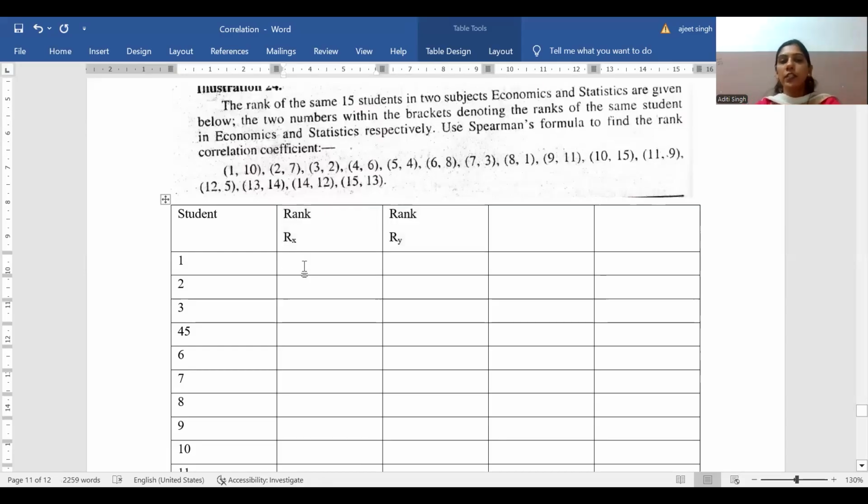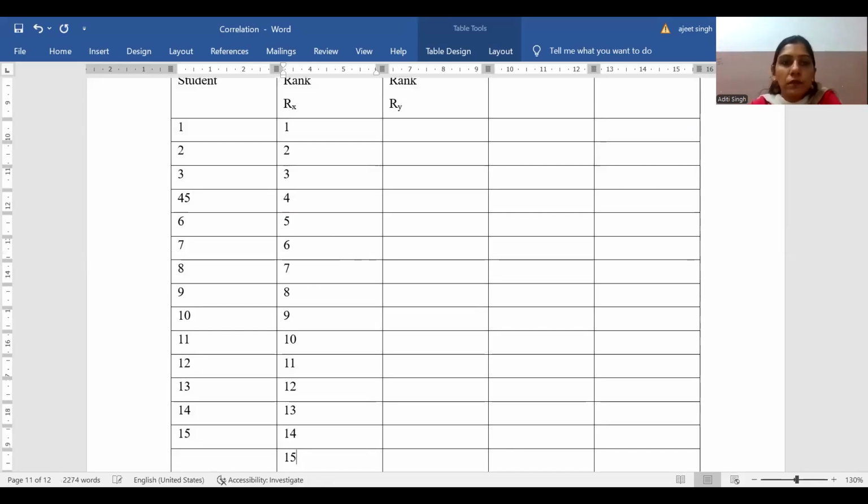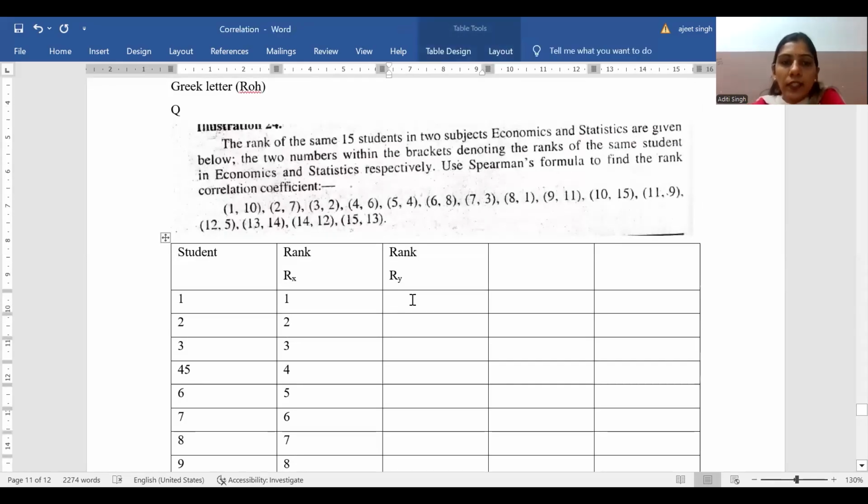Let's put all the values. Let's write down the rank of economics first. It is 1, 2, 3, 4, 5, 6, 7, 8, 9, 10, 11, 12, 13, 14 and 15. Now let's write the rank of statistics.